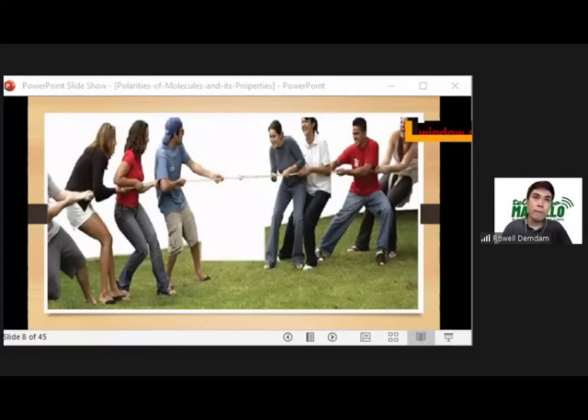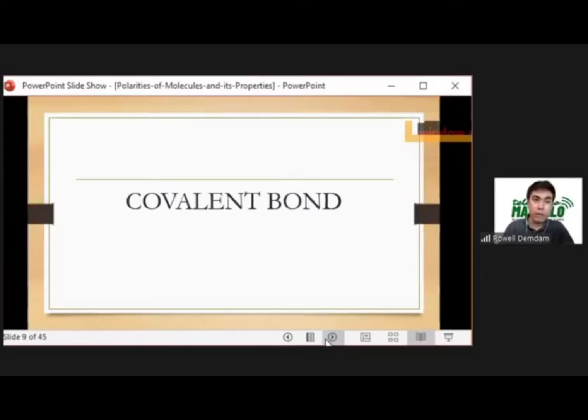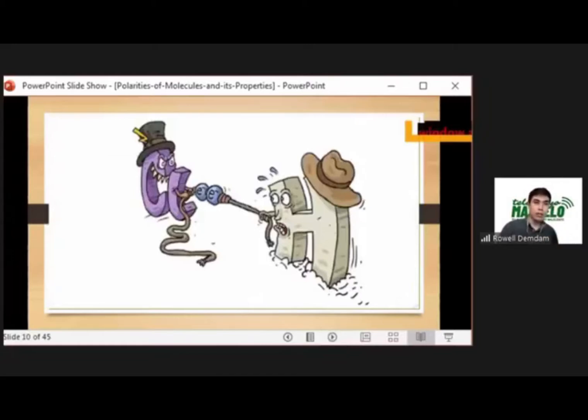It's a tug of war between two groups. They're pulling against each other. So what do you think? Maria Dolores de la Cruz answered covalent bond. That is correct, class. Covalent bond is the answer for this particular picture. For our fourth picture, just give it a try, class.